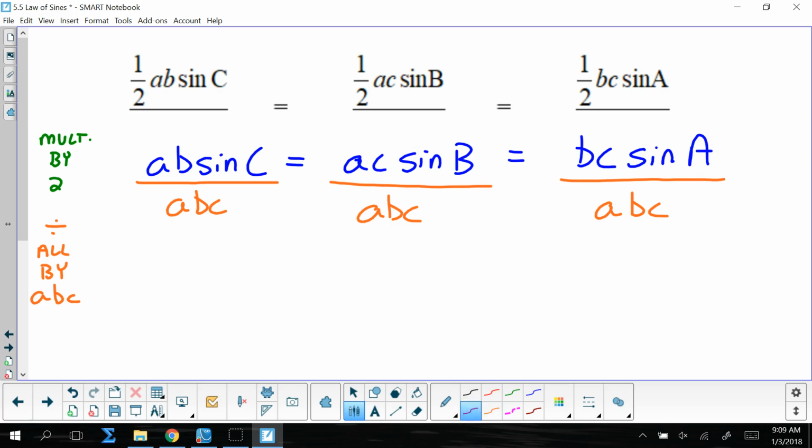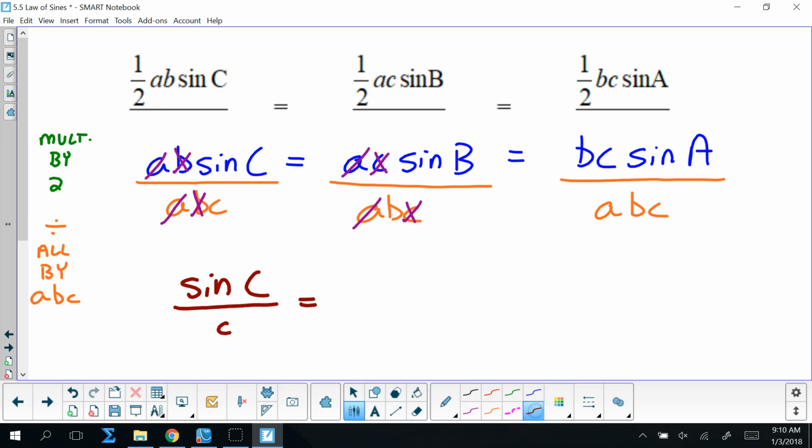Simplifying now, A cancels out an A because they're all being multiplied. B cancels out a B because they're all being multiplied. So that leaves me with the sine of angle C divided by side C. A cancels out A, C cancels out C, leaves me with the sine of angle B divided by side B.